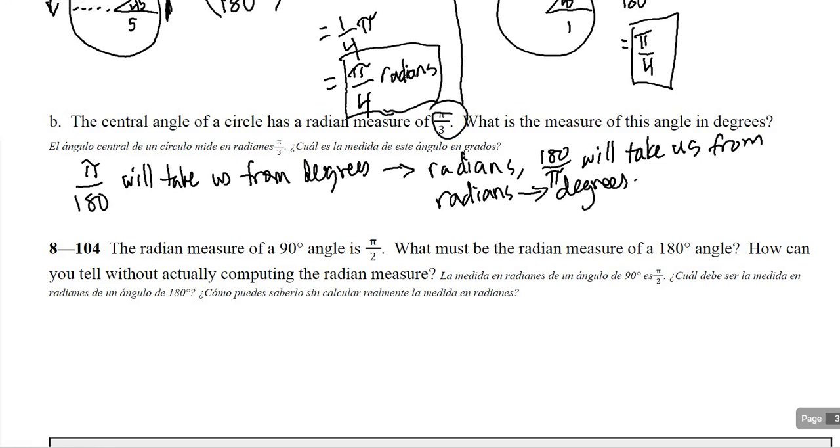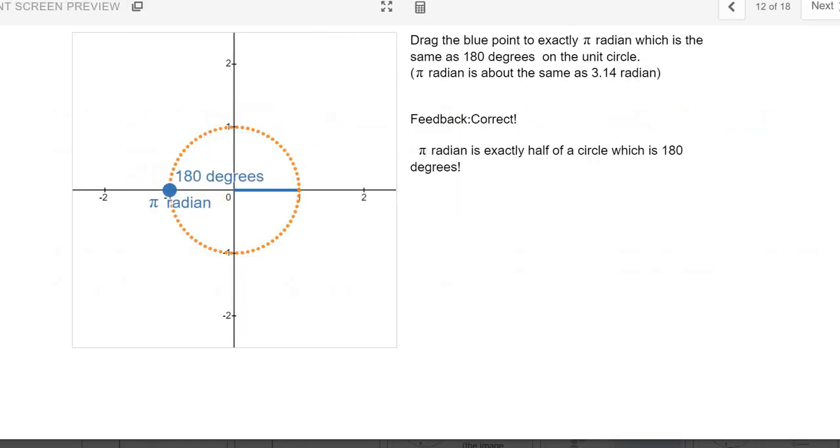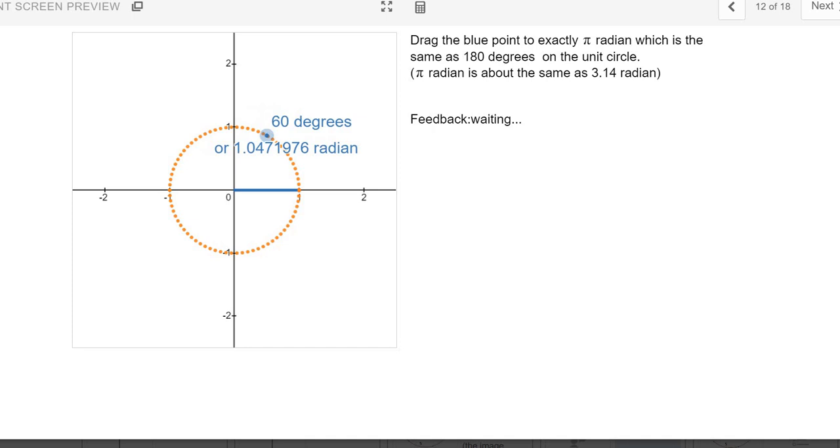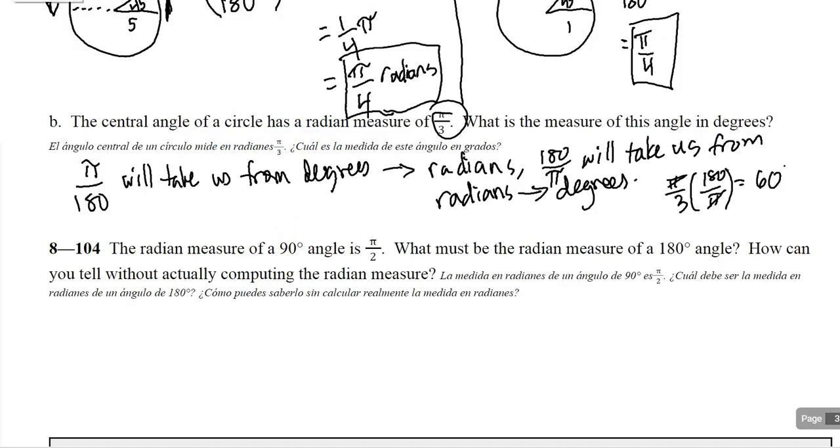Because the whole way around a circle is 2 pi. 180 degrees is halfway to 360. And similarly, pi is halfway to 2 pi.